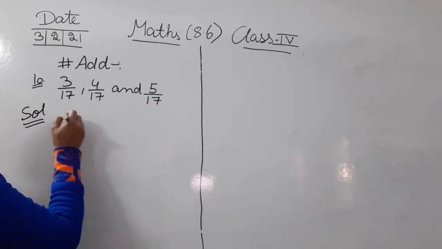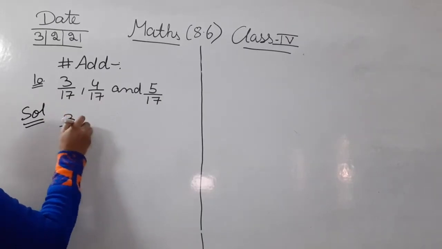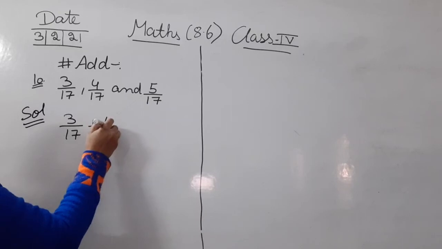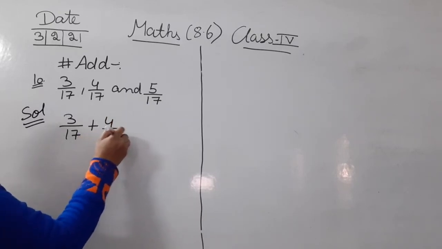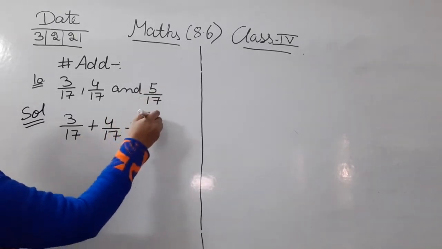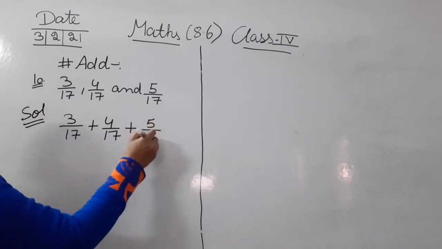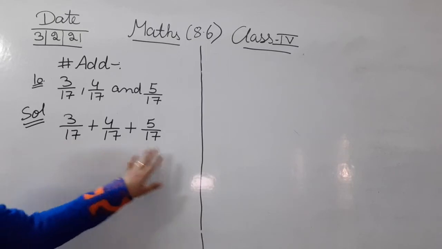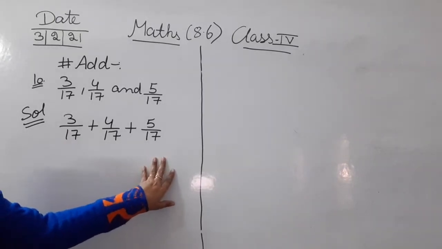Let's add these three fractions, 3 upon 17 plus 4 upon 17 plus 5 upon 17. As we can observe, these three fractions are like fractions.